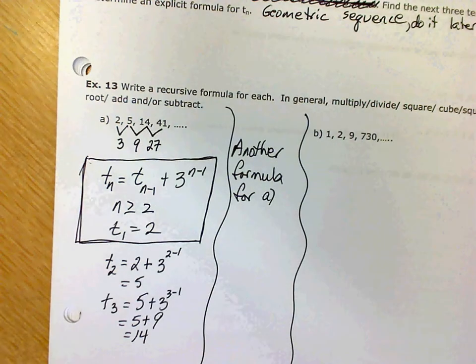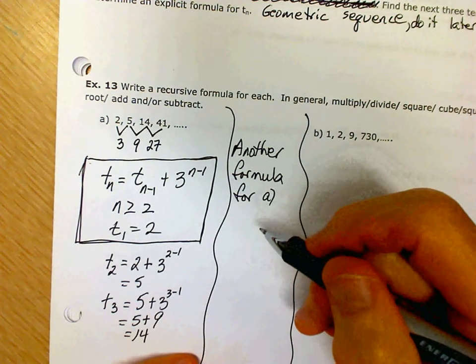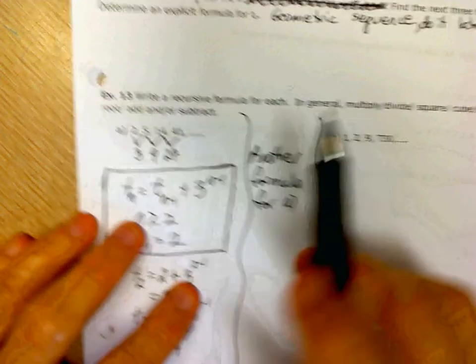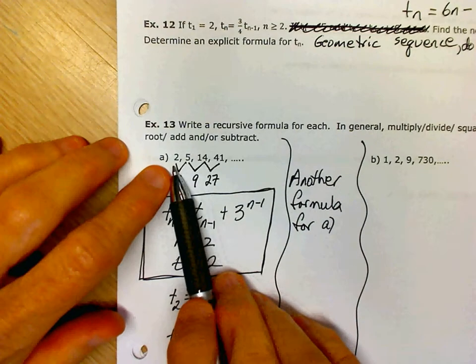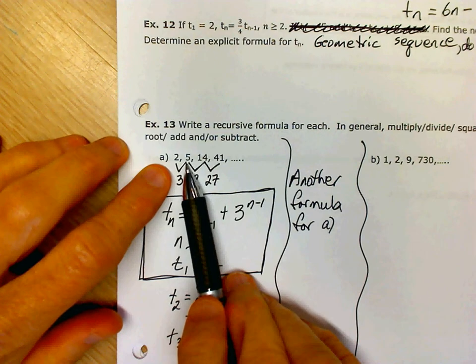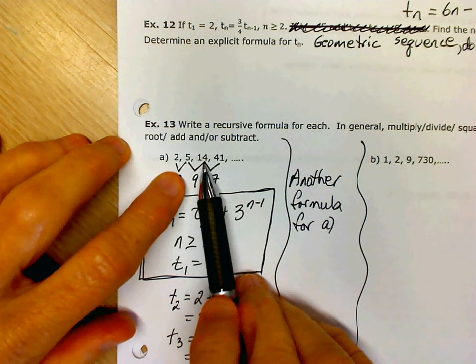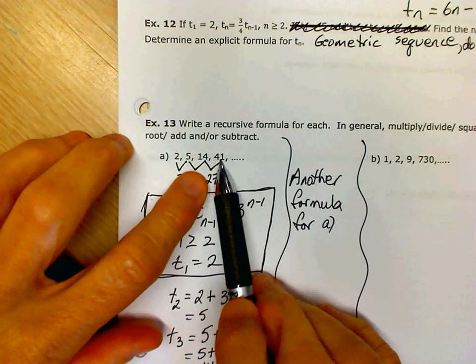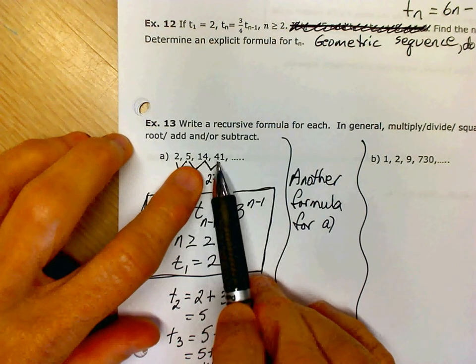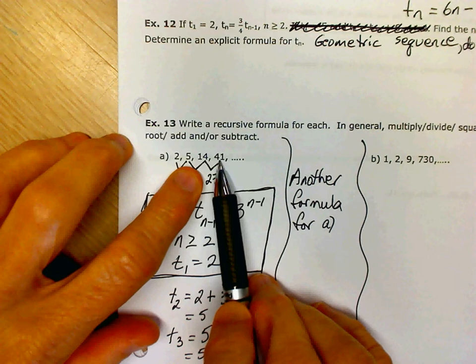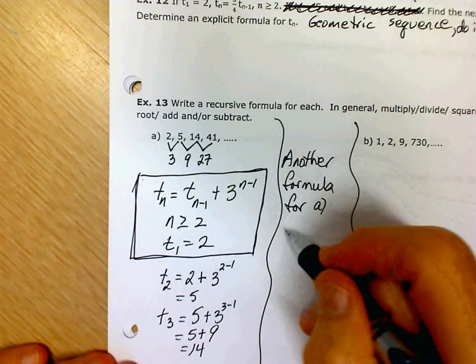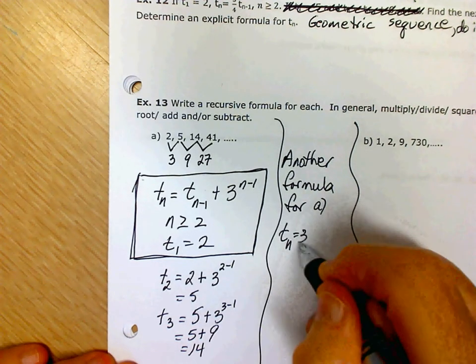Notice, do you agree that 3 times 2 minus 1 equals 5? 3 times 5 minus 1 equals 14. 3 times 14 minus 1 equals 41. So here's another formula. Tn equals 3Tn minus 1.